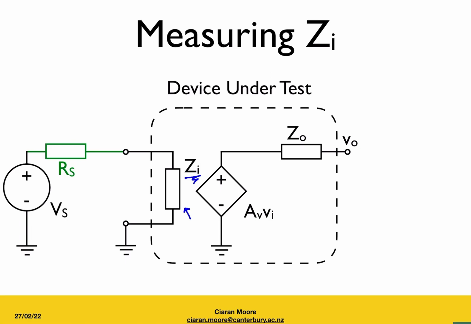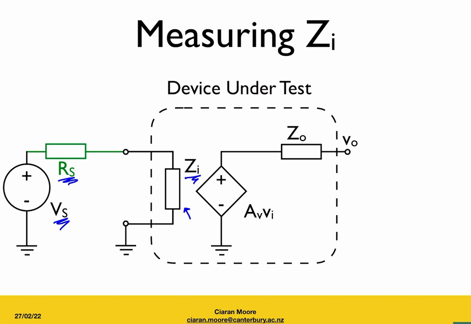It's important to realize this is a hypothetical component, and the input impedance may have a number of components within the device that contribute to it, but we can model these as a single element. The first thing to do to find this single hypothetical Zin component is to connect our device to power and then to connect it to some test signal Vs with an explicit series resistance between Vs and our device under test.